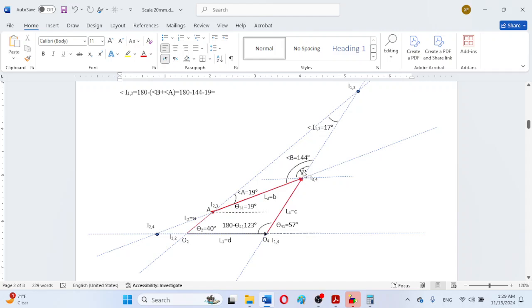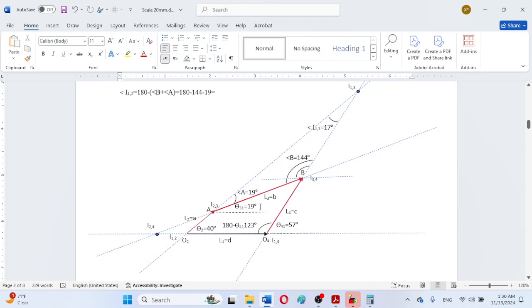This angle and this angle are corresponding angles, or in Urdu we are familiar that these angles are called mutanazira zawi. So these are called corresponding angles. So these are equal. And this angle here between this horizontal and this line is equal to the alternate angle theta 31, which is 19 degrees.